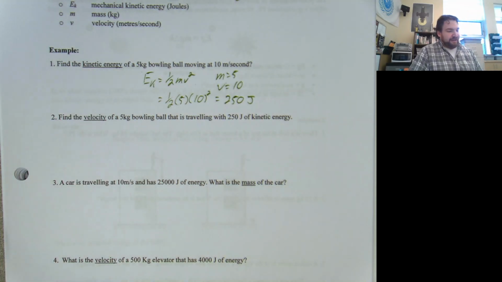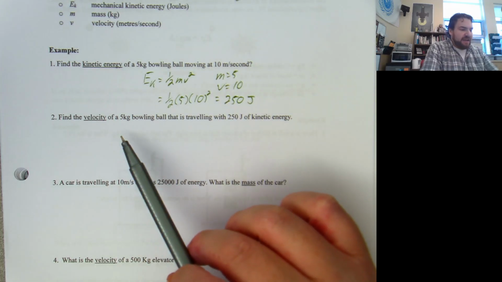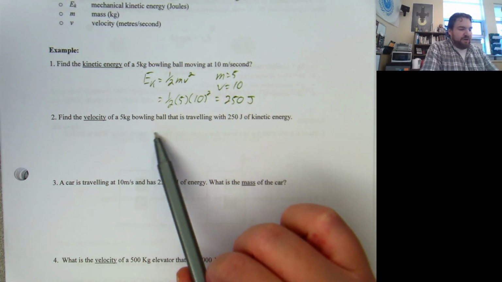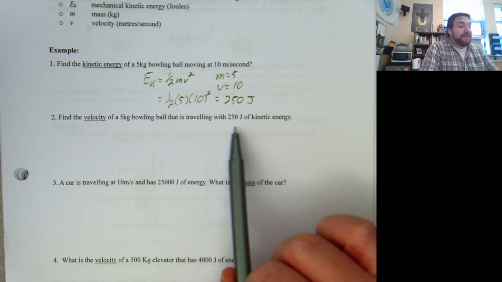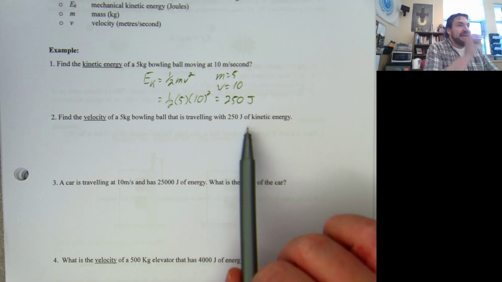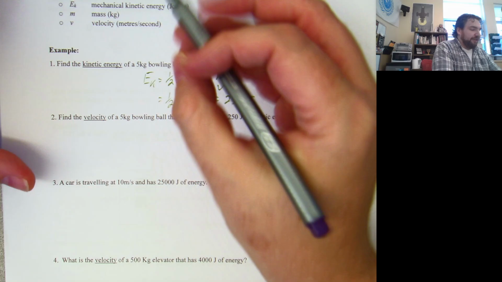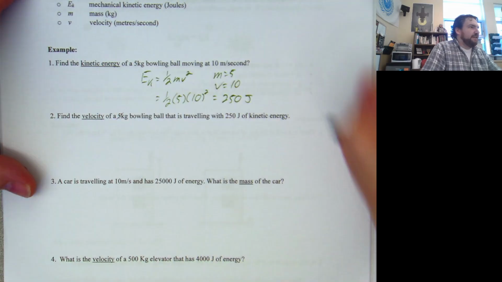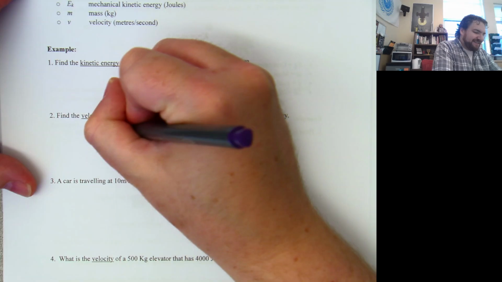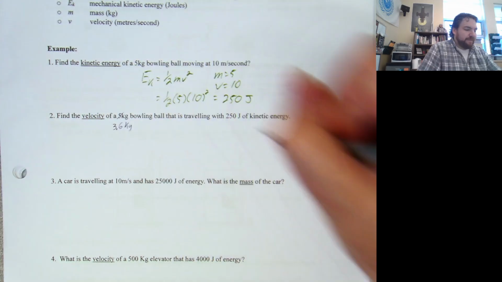Let's make it more interesting. Instead of wording a question the way question number 2 is worded, let's make some tweaks here. Question number 2 says, find the velocity of a 5-kilogram bowling ball that's traveling at 250 joules of kinetic energy. Here's how it will be worded instead. We're going to make the ball lighter. Instead of a 5-kilogram ball, we're going to make it a 3.6-kilogram ball.